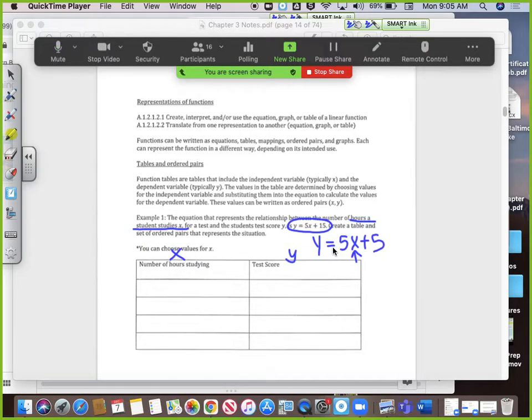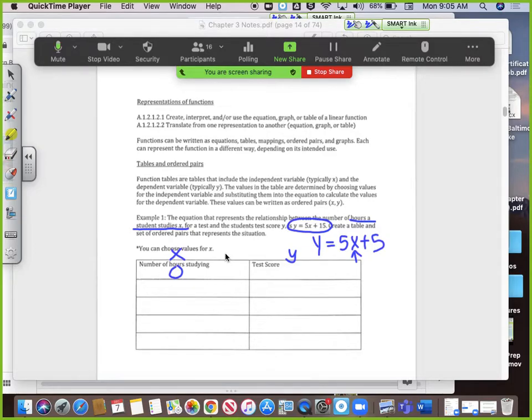A second, or even less than that? Even less than that. You don't have to study at all, right? So for this problem, the smallest number of hours we can study, I guess we could put 0. Now that's not recommended, right, to not study at all, but the smallest number of hours we could study is 0 hours.